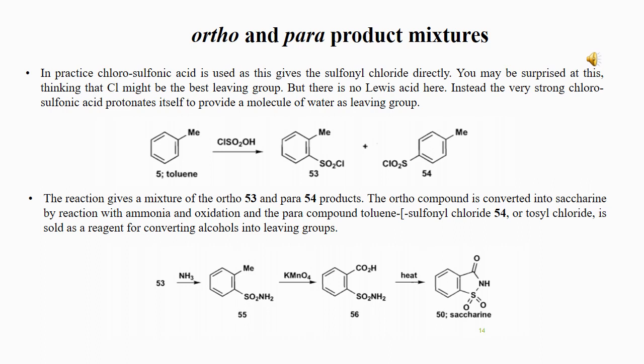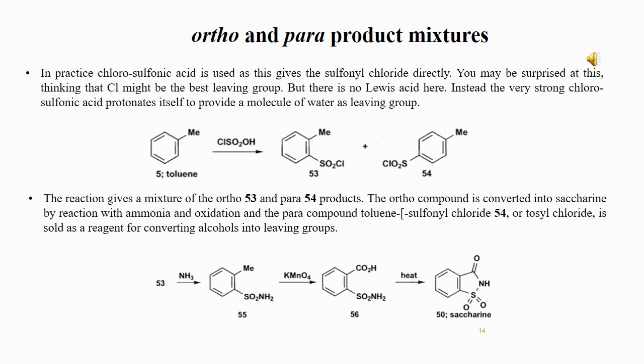So if we do the reaction of 53 with ammonia, then that Cl is replaced by ammonia. Then comes the oxidation. The para compound, toluene sulfonyl chloride 54, also called tosyl chloride, is sold as a reagent for converting alcohols into leaving groups.